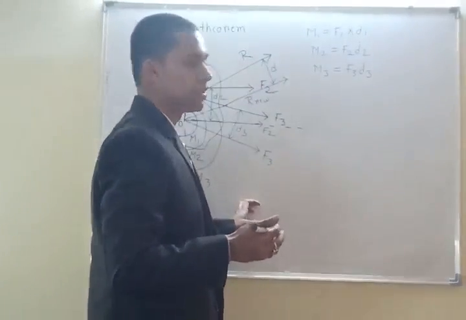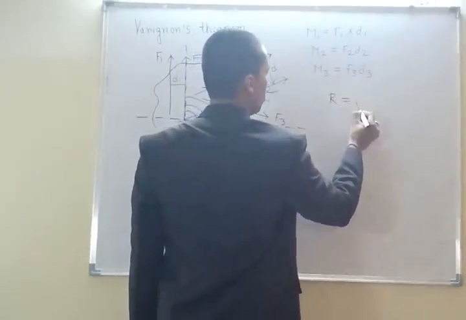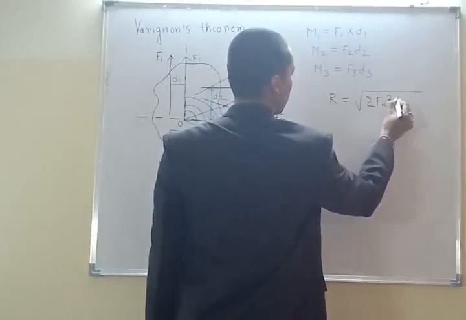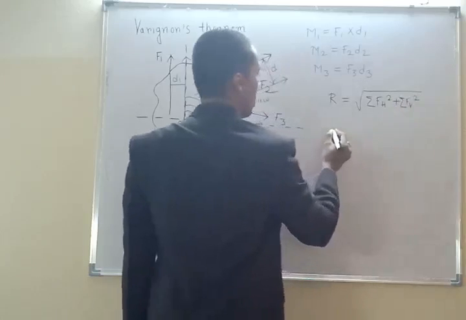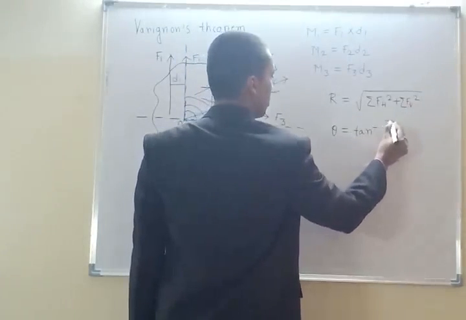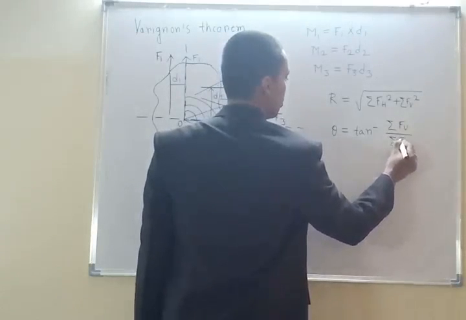How to find the resultant? First, same concept: R is the root of summation of force in the horizontal direction squared plus summation of force in the vertical direction squared, and theta is tan inverse of summation of force in vertical by force in horizontal.